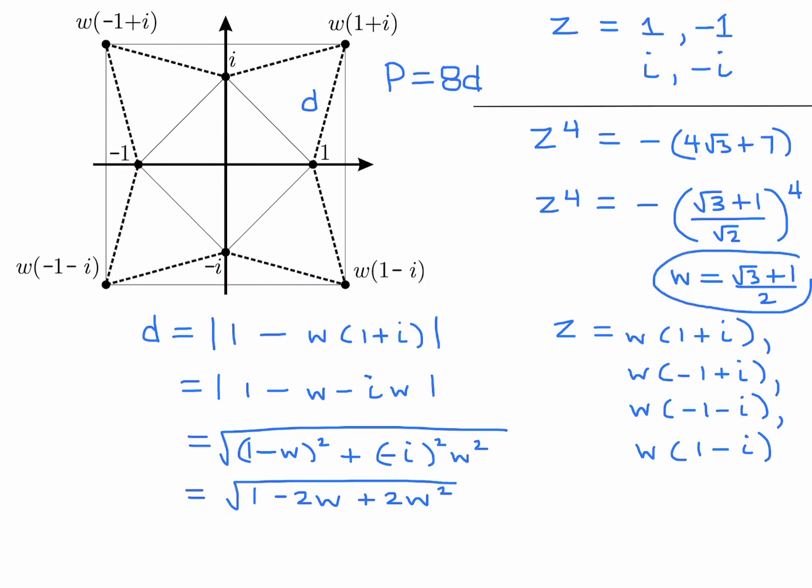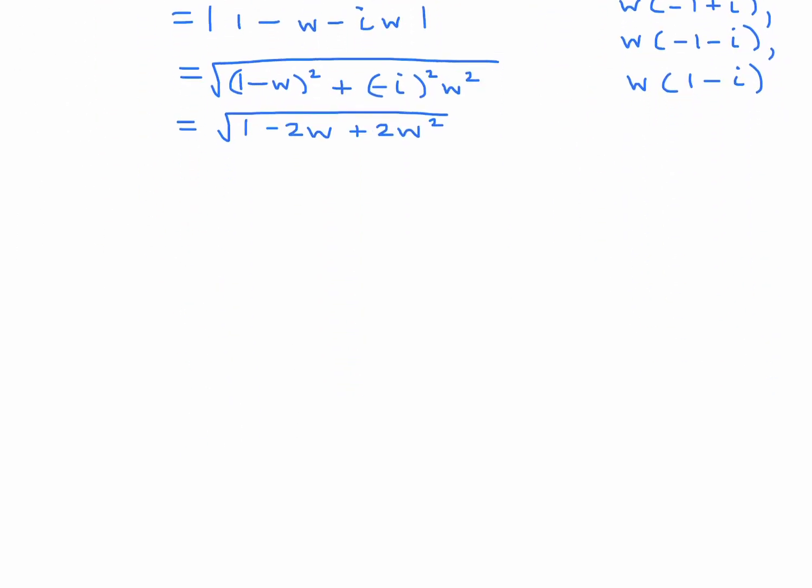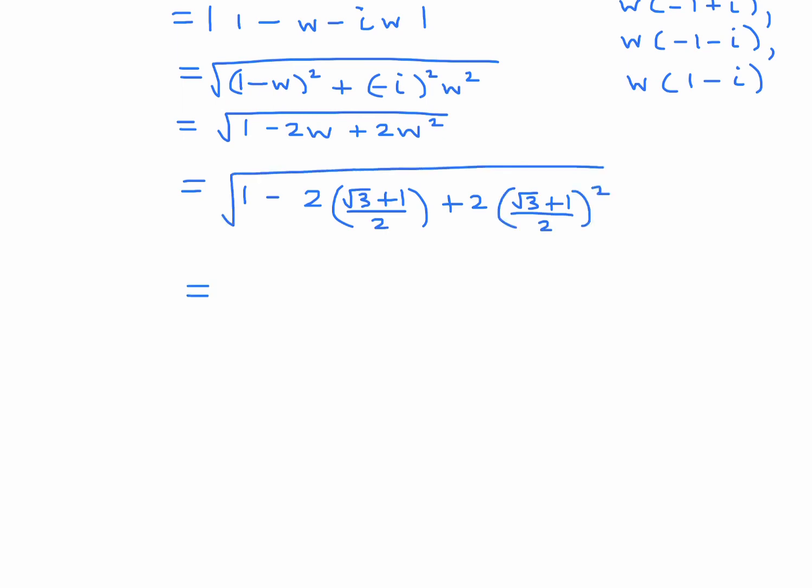And I've got to make this substitution for w. Okay, so I've got to make that substitution of 1 minus 2 times root 3 plus 1 over 2, and then plus 2 times root 3 plus 1 over 2 all squared, and that's going to be under the square root sign.